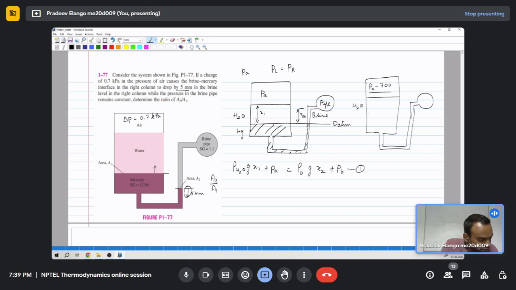So we have some interface here, the water-mercury interface, and this has fallen by 5 mm compared to the original case. So this is 5 mm.